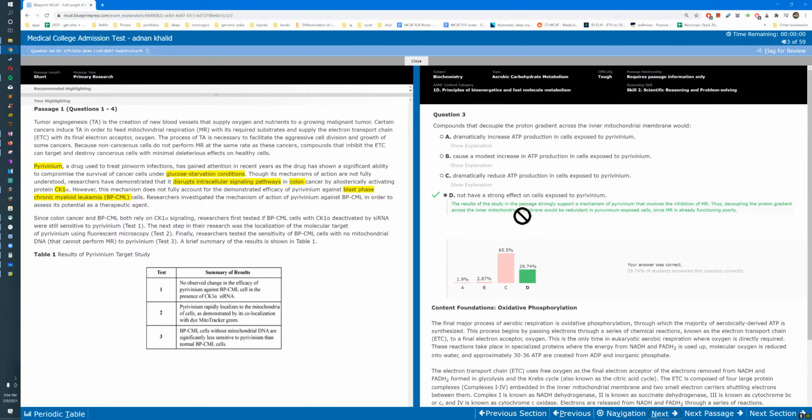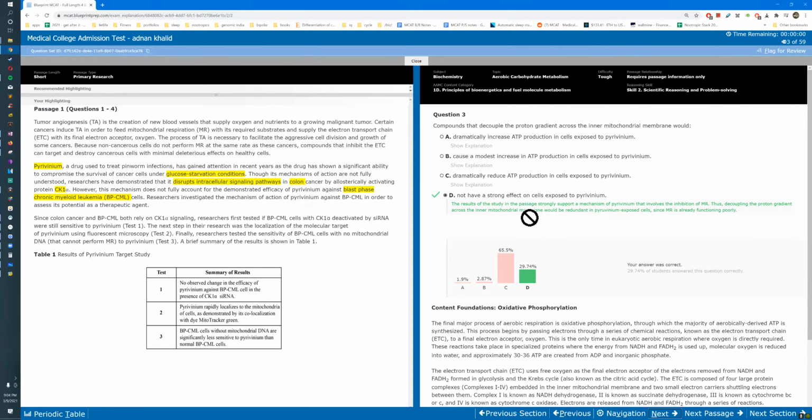Okay, so what type of effect would it have? Dramatically increase, dramatically reduce, modest increase, which is closer to A, which, by the way, is never going to be an answer because it's too similar to A. It's not going to have any strong effect at all.